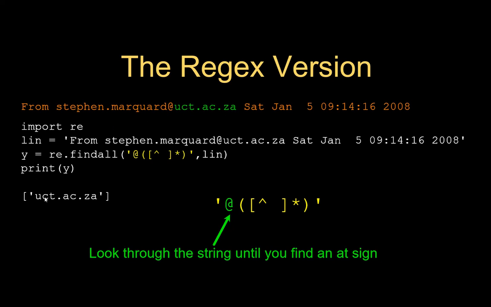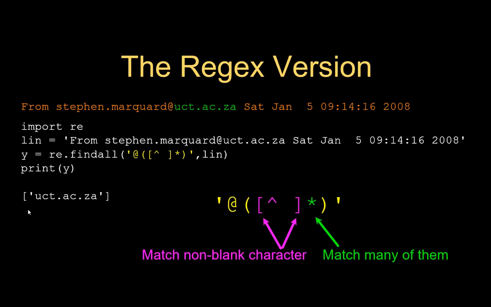When we print this one, we get the domain that we were looking for. So this is a bit more concise, shorter and more efficient version of finding that domain name. Again, here the caret blank means match non-blank character, and the star means matches many of them.